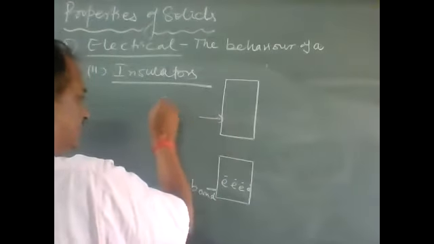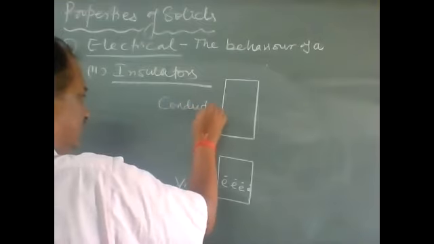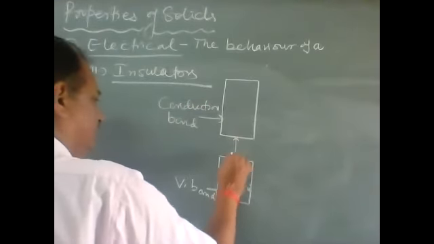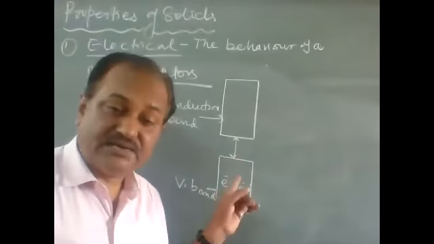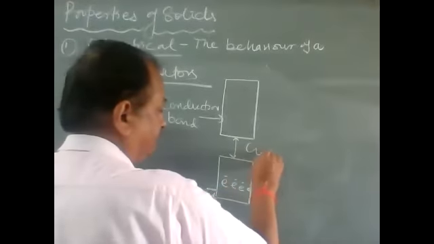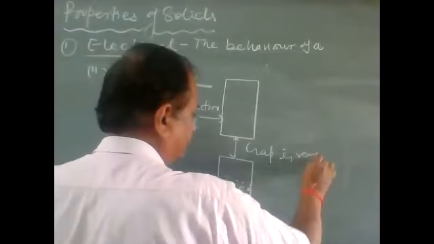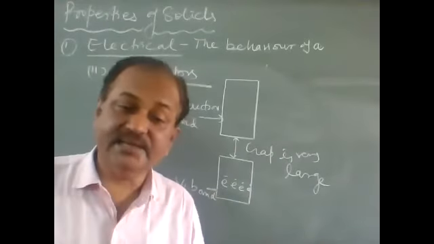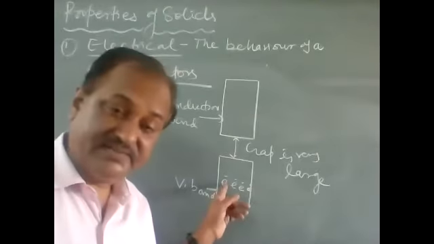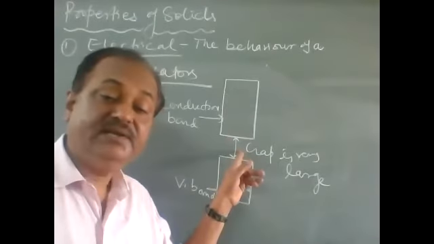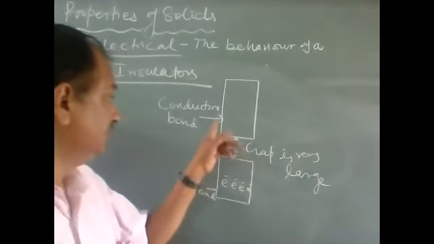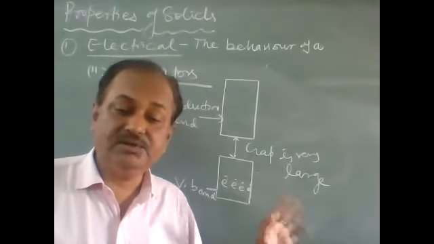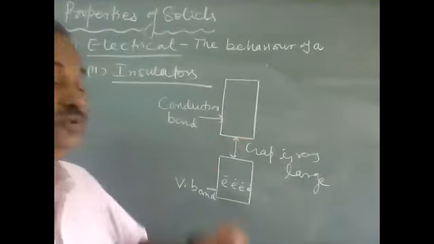This is the conduction band, and so in insulators the gap is very large. In any case the electrons from the valence band can never be transferred to the conduction band, and as a result they do not allow the flow of current.